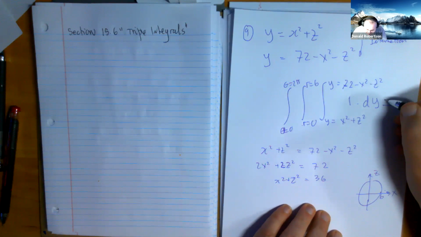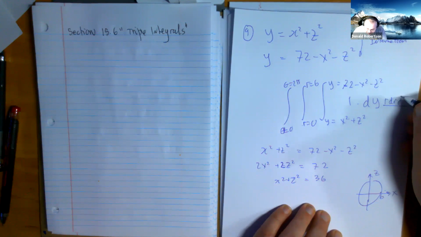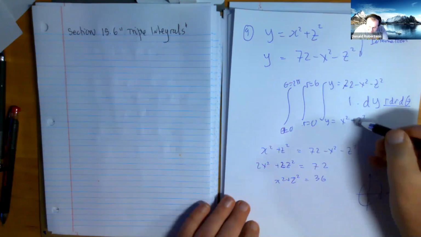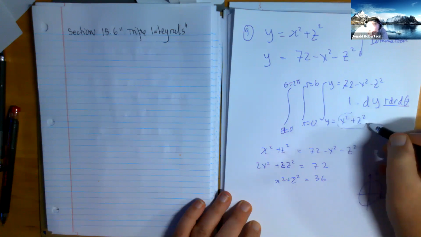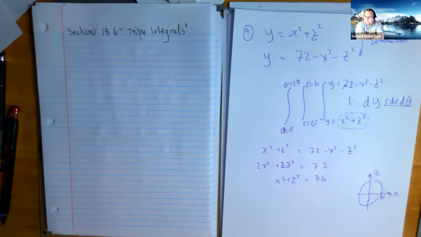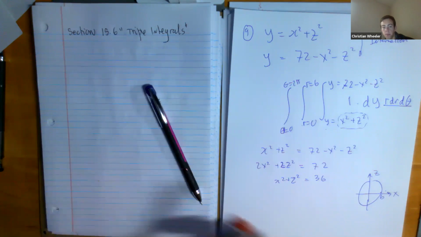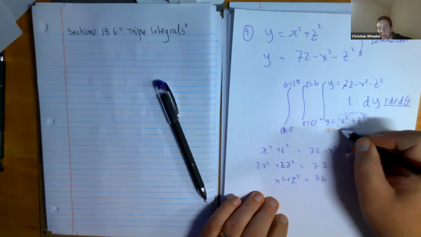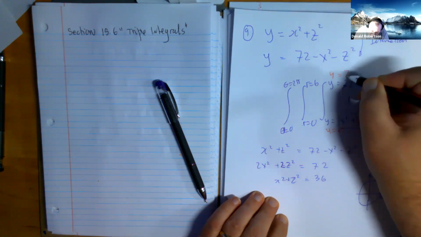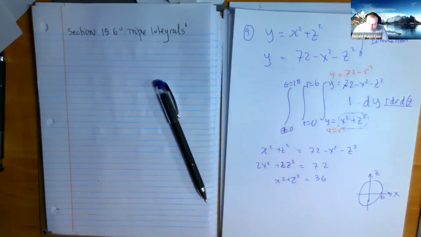And this fella here is going to be r dr d theta. And what's this guy going to become? r squared. Right. And won't this guy up here become 72 take away r squared?